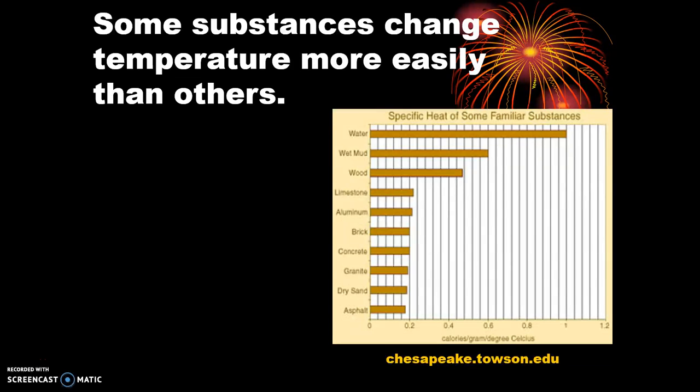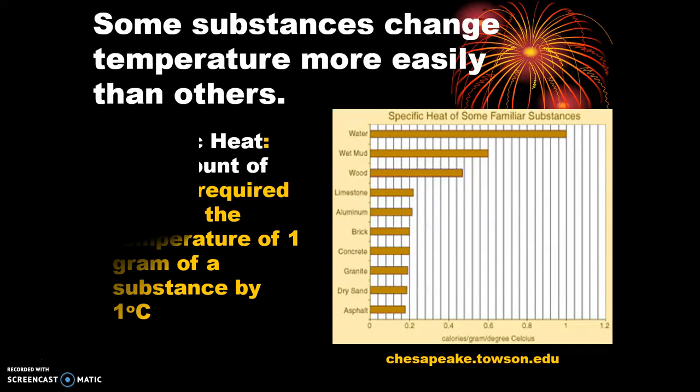As with electricity that we'll deal with in a chapter or two ahead of now, some substances are more willing to accept or exchange that heat. Some are more resistant to a temperature change, to accepting or giving away their thermal energy.